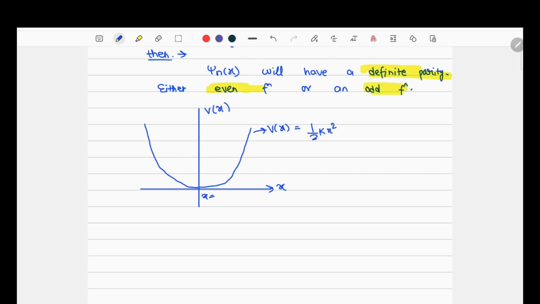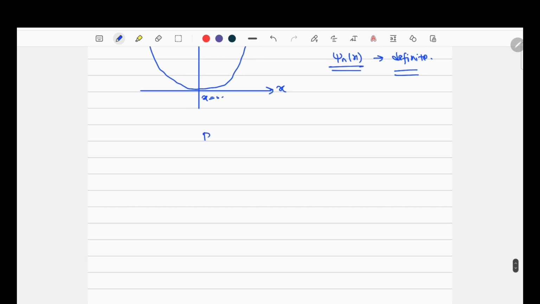This is symmetric about x equal to 0, so you will have xi of x with definite parity. We will talk about the 1D harmonic oscillator once we reach there. In quantum mechanics we have the parity operator, which when acting on a wave function gives xi of minus x.